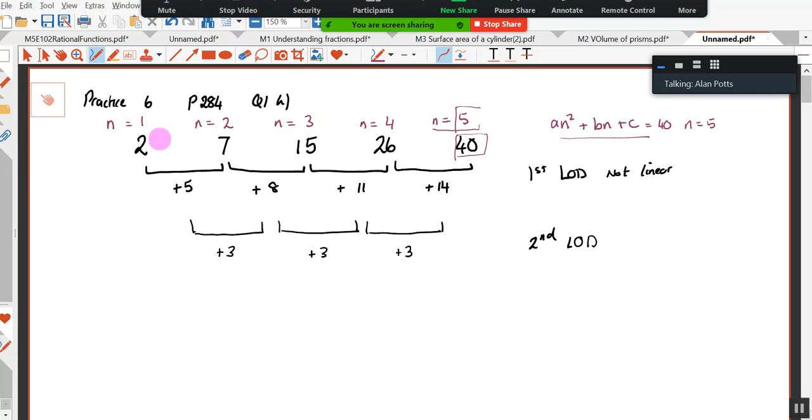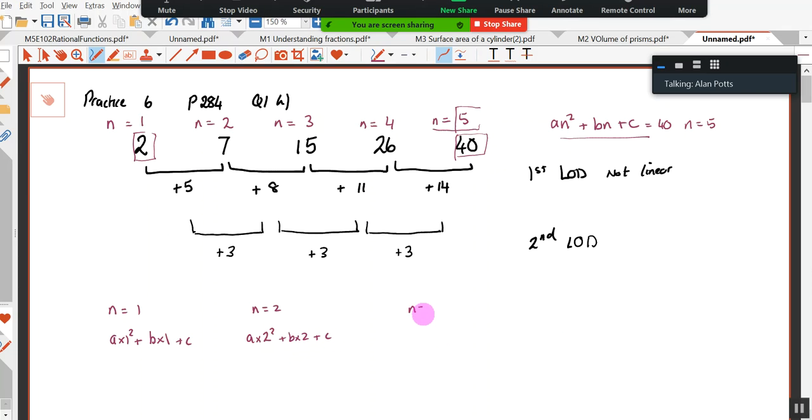All right. So we're going to use this in a general sense and say, if I didn't have these particular numbers and I just did it in terms of a, b, and c, well, when n is 1, the first term would be a times 1 squared plus b times 1 plus c, and so on. When n is 2, it would be a times 2 squared plus b times 2 plus c.